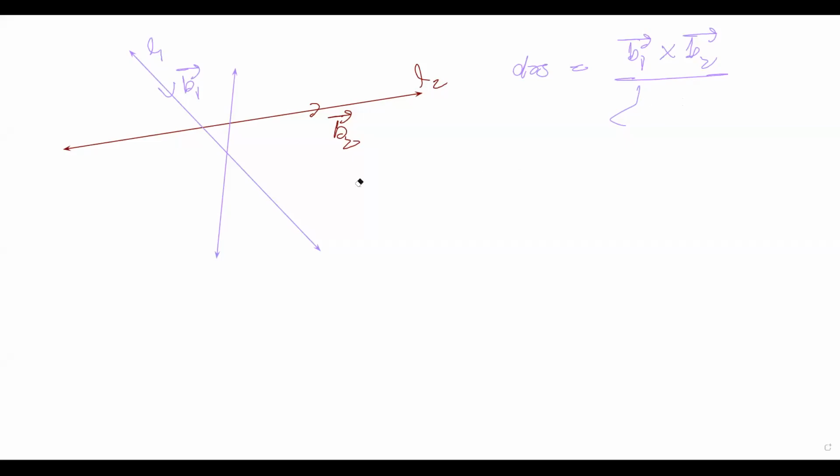We need to take unit vector, right? DRs would be just v1 cross v2. And DCs would be v1 cross v2 divided by mod of v1 cross v2. Now you have both of their DRs, so you can easily find out the DCs as well as DRs.